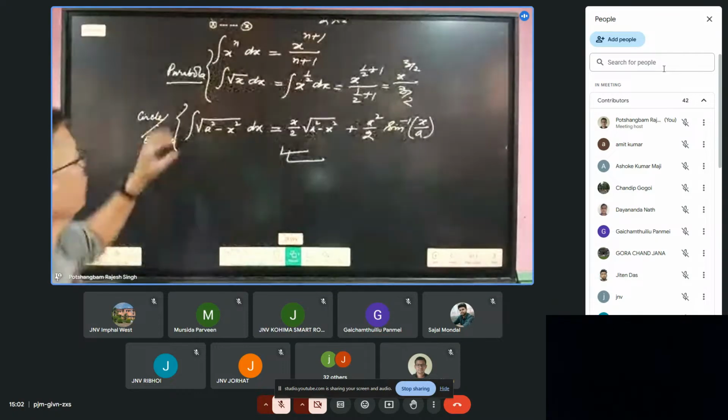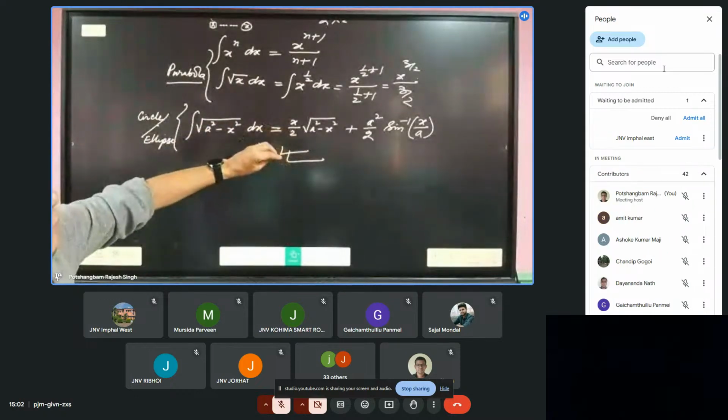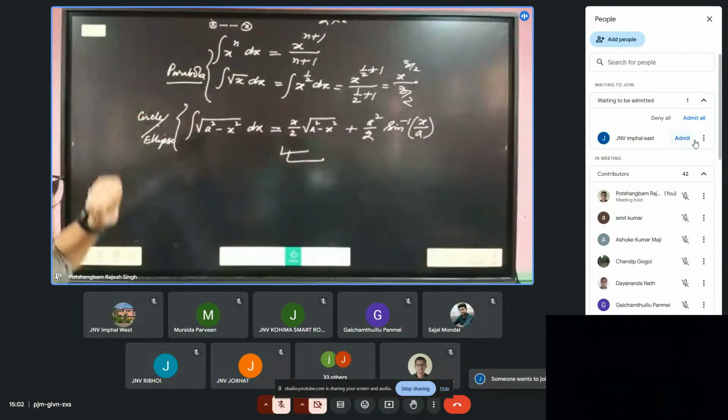And this last integration is needed for the circle and the ellipse.